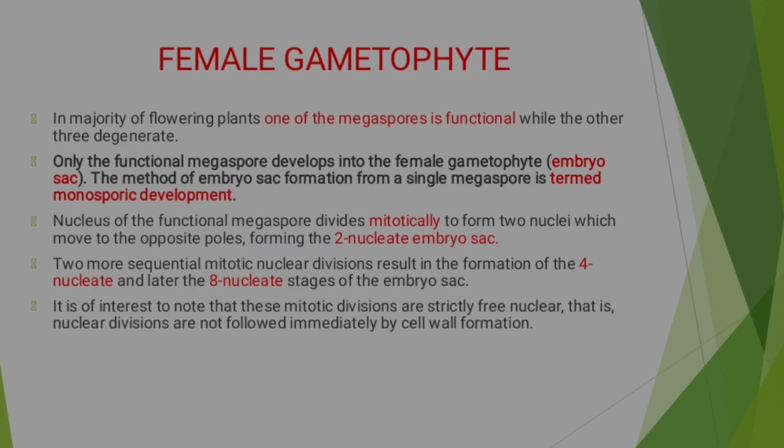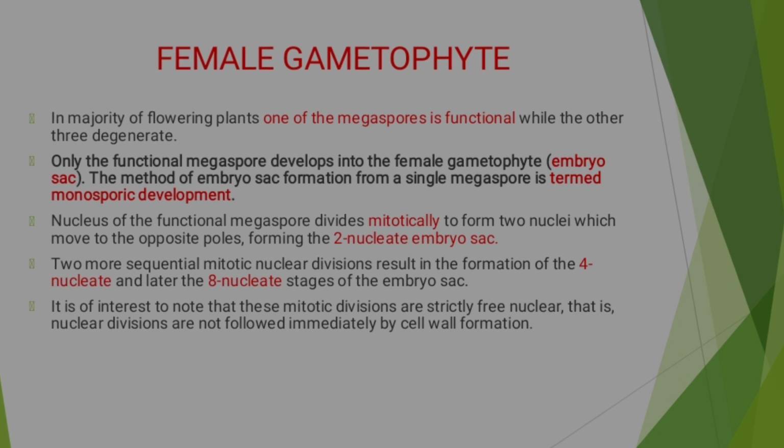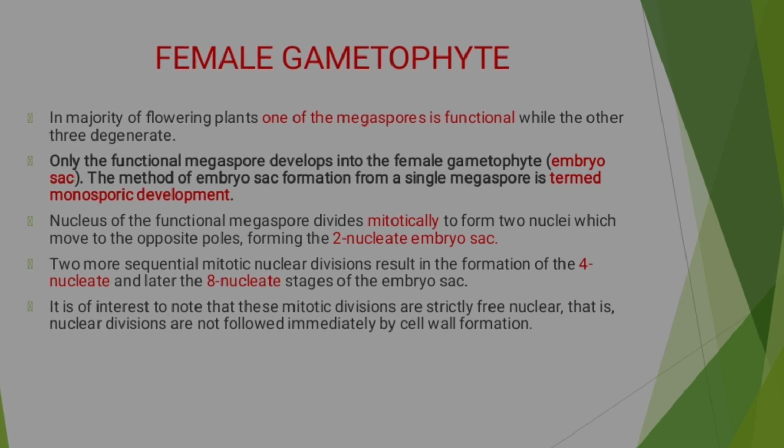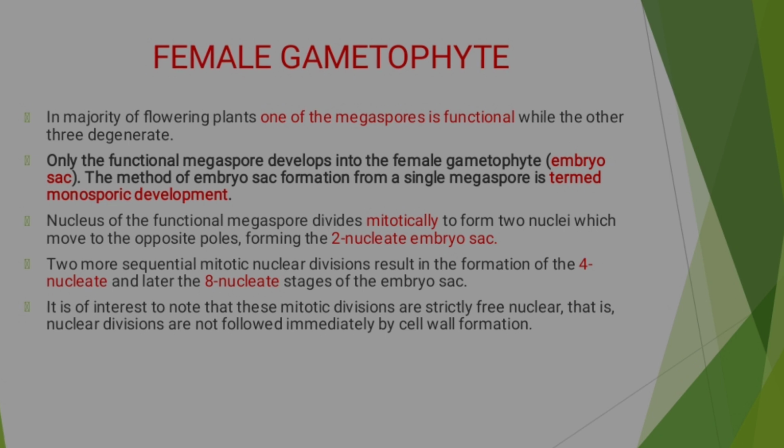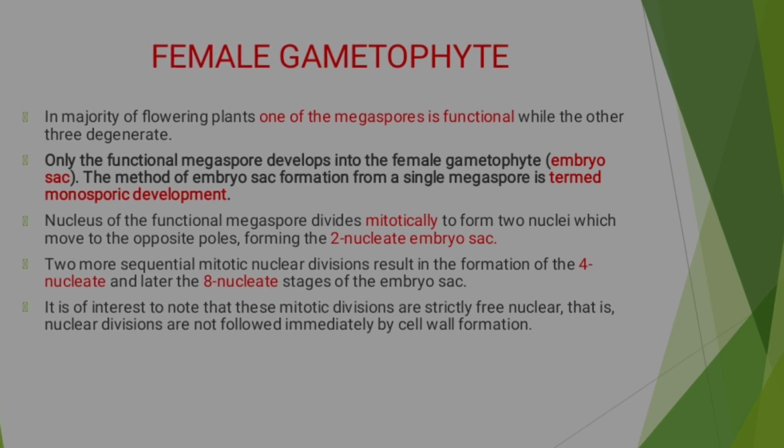Observe the diagram of megasporogenesis. Female gametophyte. In the majority of flowering plants, one of the megaspores is functional while the other three degenerate. Only the functional megaspore develops into the female gametophyte or embryo sac. The method of embryo sac formation from a single megaspore is termed monosporic development.